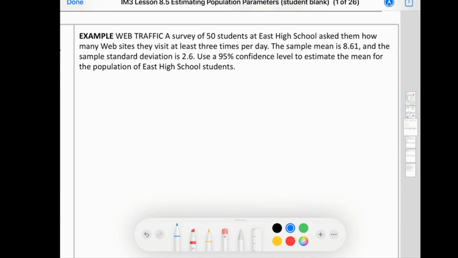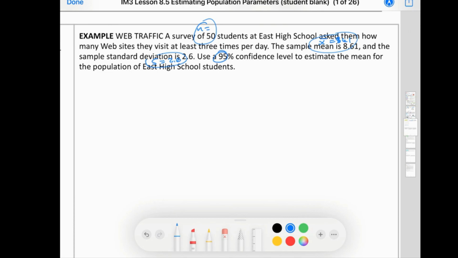Okay, let's just get some information that we need. I have n equals 50 here. They visit them 3 times a day. Okay, not important. The sample mean, this is important. This is x bar equals 8.61. That's important. And the sample standard deviation, that is important. S equals 2.6. And then I have a 95% confidence interval.